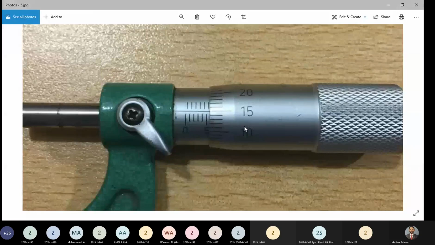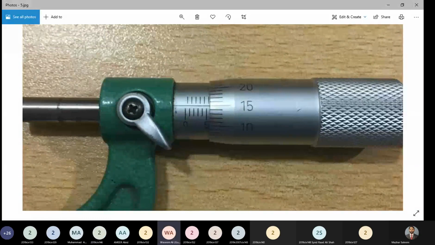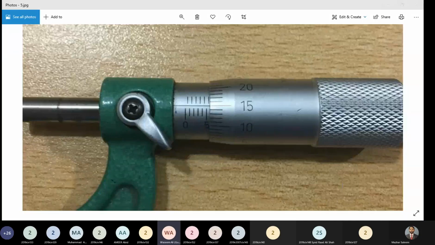So the measurement in this case is 5.5 plus 15 into the least count. How much is the least count of this device? Least count is 0.01 millimeter. We can see that written here. So 5.5 plus 15 into 0.01, and that gives us what?